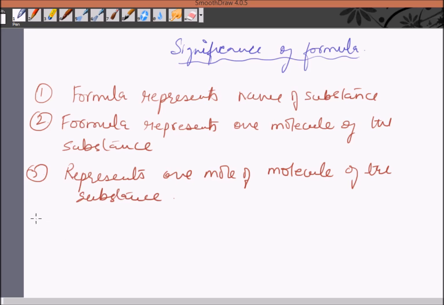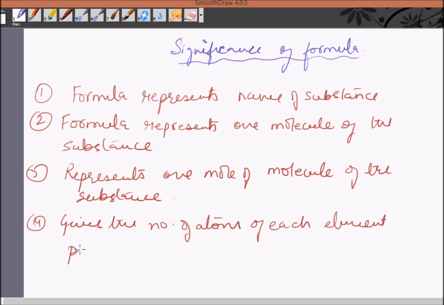It also gives the number of atoms of each element present in one molecule of the substance.